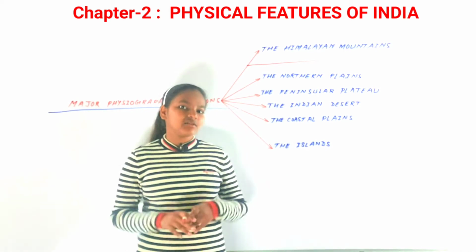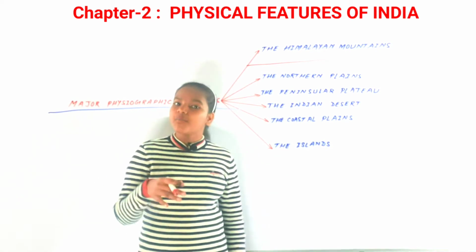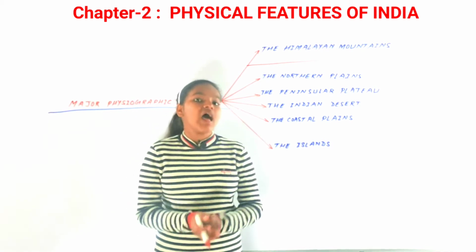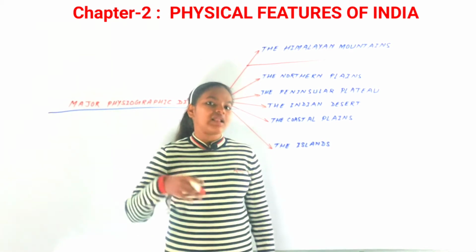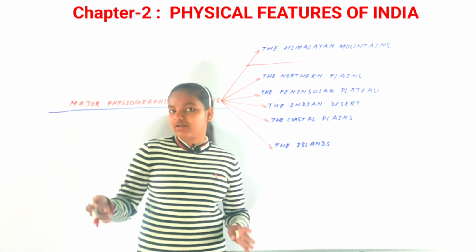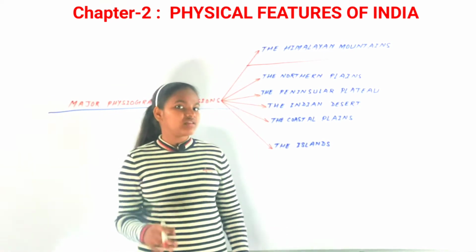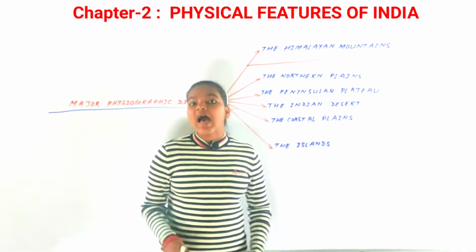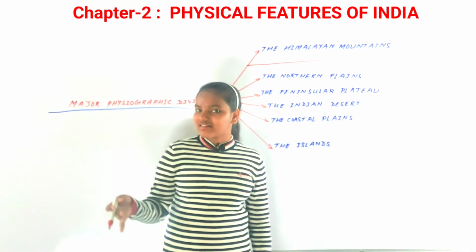Purvachal is mainly comprised of sandstones, which are sedimentary rocks, in parallel ranges with valleys in between, covered with dense forest.